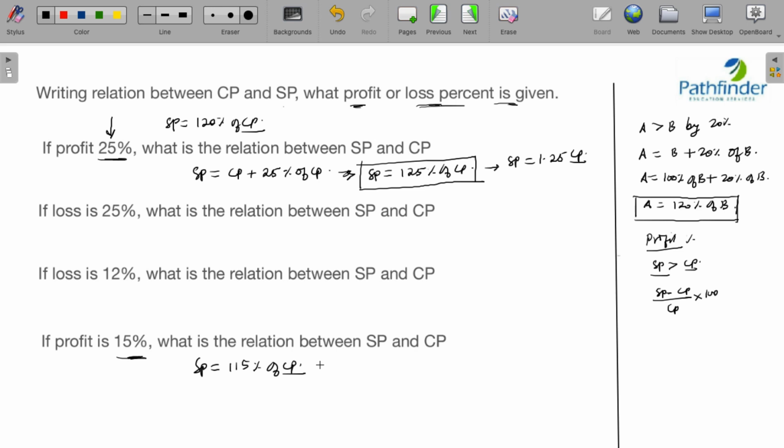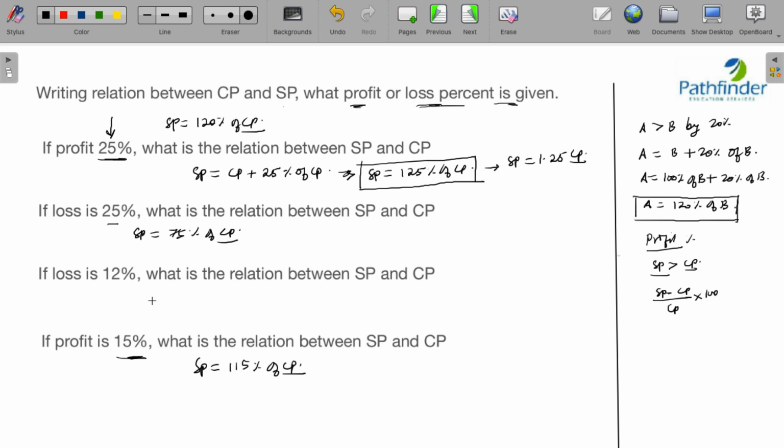Instantly you should think of this. If there is a loss of 25%, so selling price is equal to 100 minus 25, that is 75% of CP. Because we are calculating everything on CP, profit also and loss also, unless it is stated otherwise in the question.